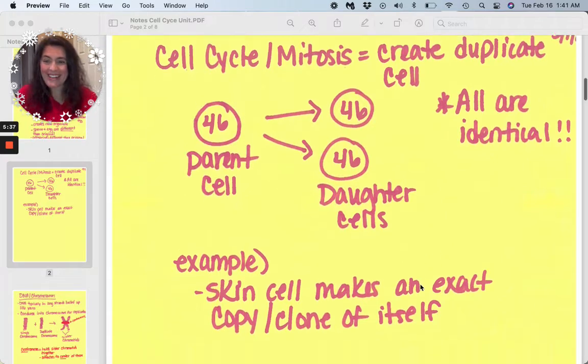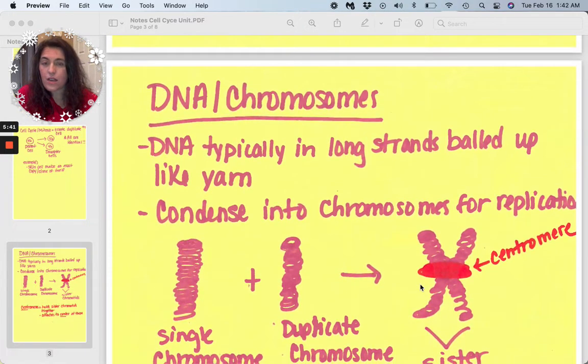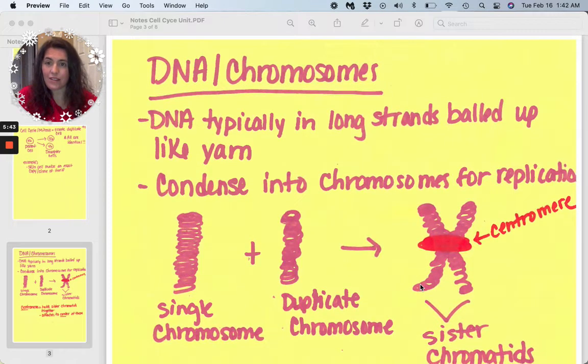Okay, so before we go on to talk about the cell cycle and those steps of the cell cycle, I just want to do a brief review of DNA and chromosomes. Now remember, I had a whole video just talking about DNA and chromosomes and how they're moving around in the cell. But if you recall, the DNA is typically in those long strands that are balled up like a yarn.